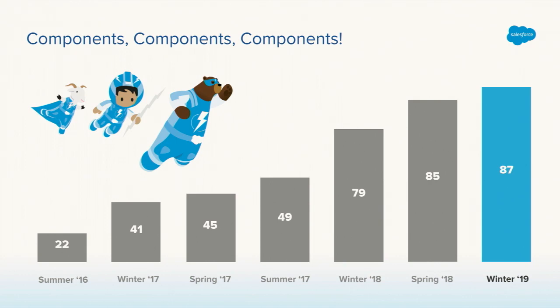All right. So now on to my favorite topic, and that is Lightning components. Now, as you know, we've been producing these base components for many, many releases, going all the way back to Summer '16. And with each release, we give you more and more base components. I get the ideas for these base components not only out of my own wishful thinking, but also from you, our developers out there.